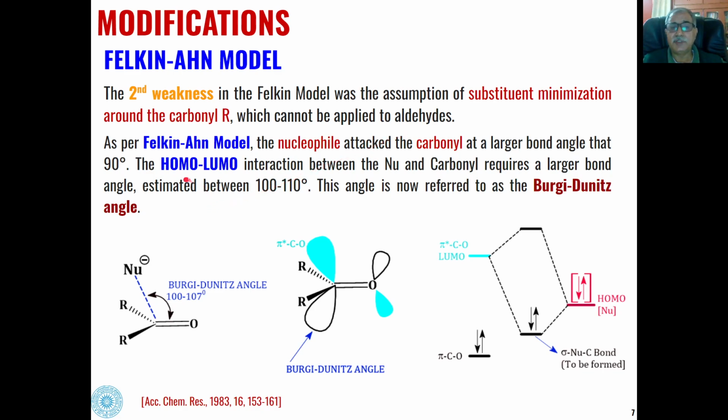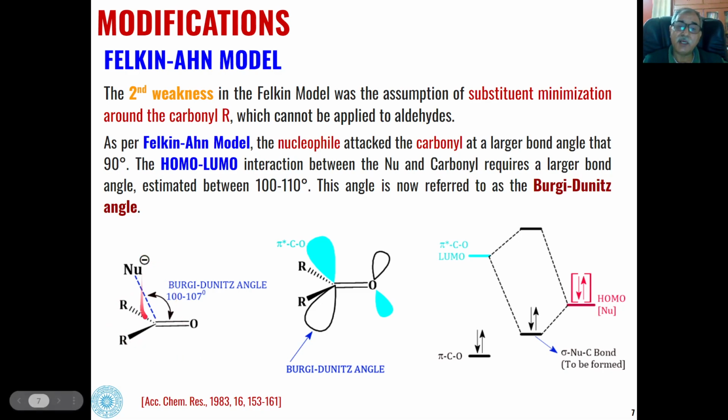So here, according to the Felkin-Anh model, the nucleophile will attack the carbonyl not at an angle of 90 but more than 90 degrees. This angle, which has been experimentally proved to be larger than 90 degrees, is estimated between 100 to 110 degrees, and practically it is generally 105 to 107 degrees depending upon the substrate, having different types of R groups present on the ketone.